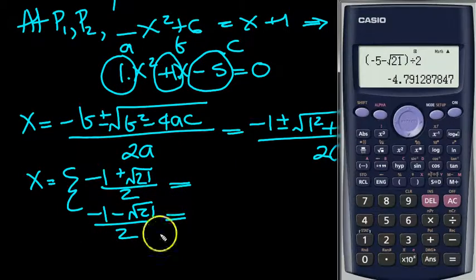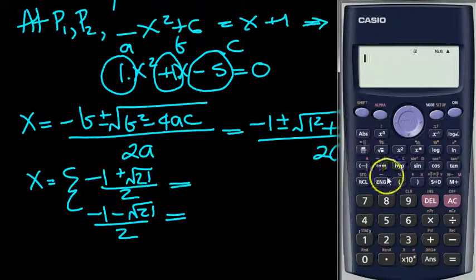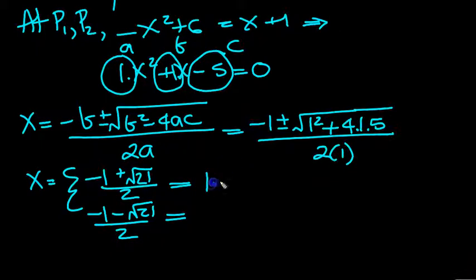So let's get our calculator. Minus 1 plus root 21 on top, so bracket negative 1 plus the square root of 21, close the bracket, divided by 2 equals, decimal, 1.8. Agreed? So that's 1.8.